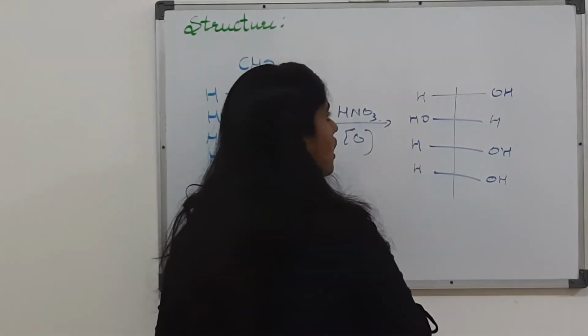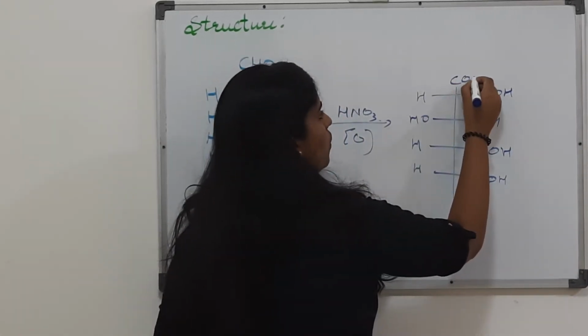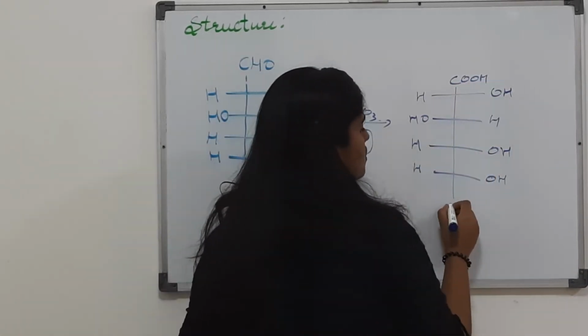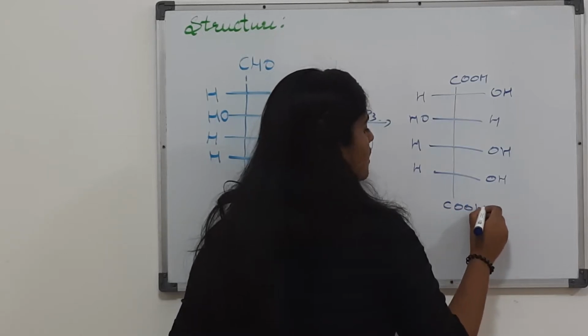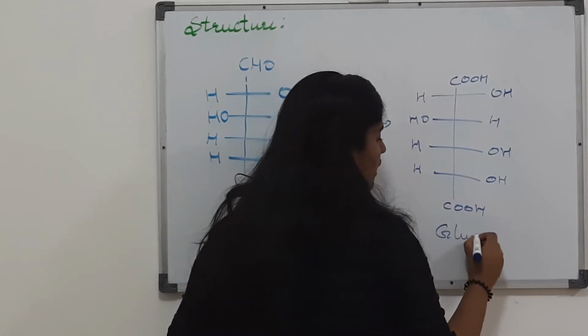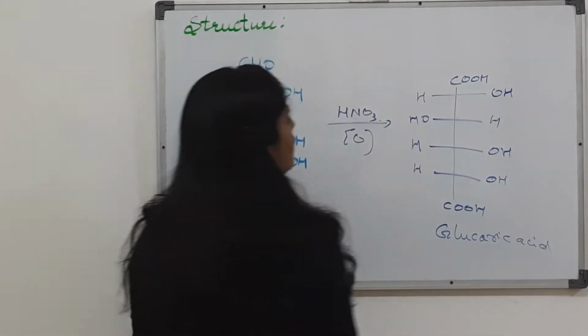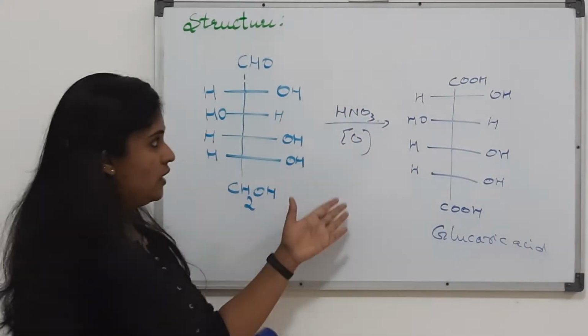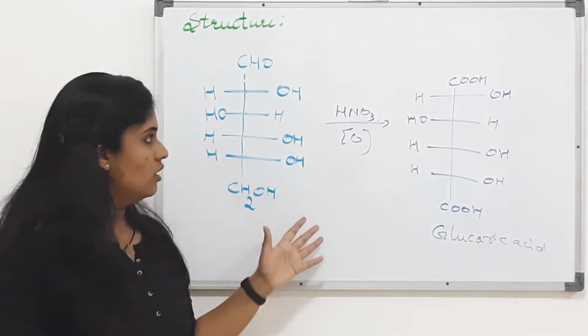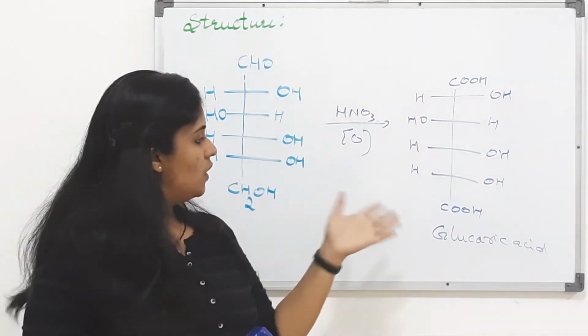So we had a dicarboxylic acid, COOH here also COOH, and this was our glucaric acid, right. So mild oxidation gave gluconic acid, strong oxidation gave the dicarboxylic acid, glucaric acid.